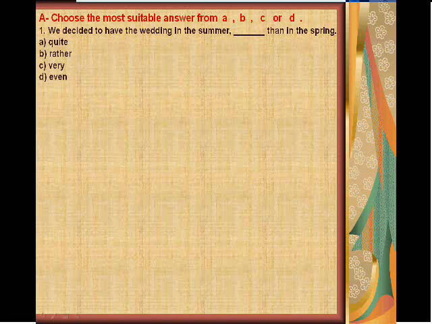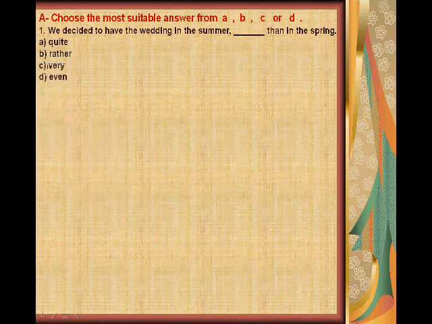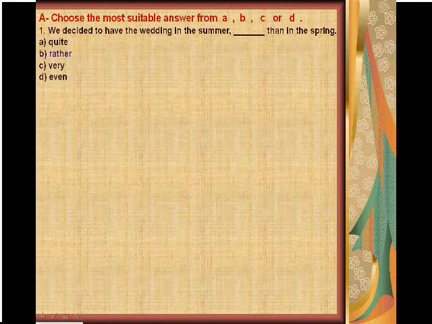Which word? We decided to have the wedding in the summer than in the spring. So you have here than. Which word should I put with than? Is it very? Wrong? Excellent. So it's going to be rather than. Rather than is like better than, in the spring than the summer, or in the summer than the spring.